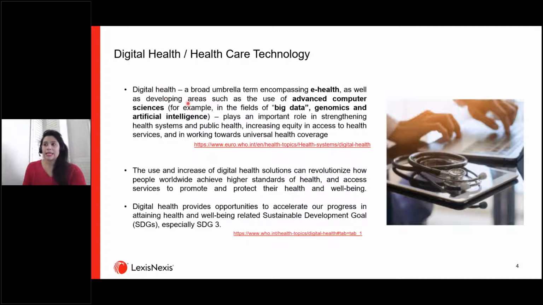Digital health encompasses e-health, where the contribution of advanced computer science technologies, the information and communication technologies such as big data, genomics, artificial intelligence in the field of healthcare system, public health, equity in access to health services are taken into account. This is exactly how we have defined the search syntax.